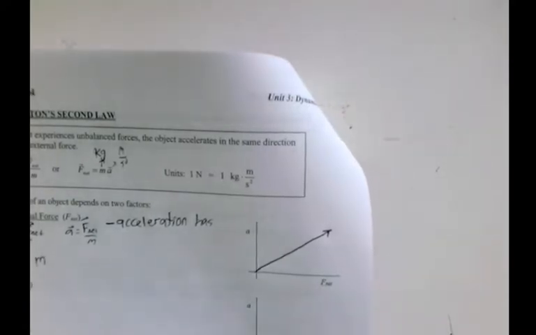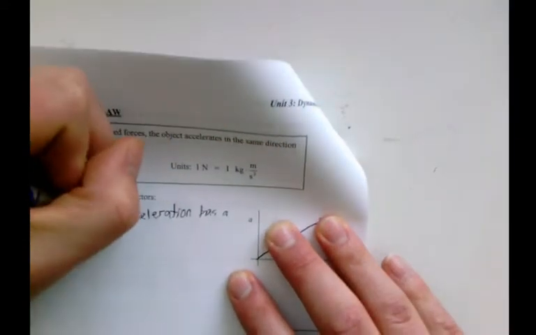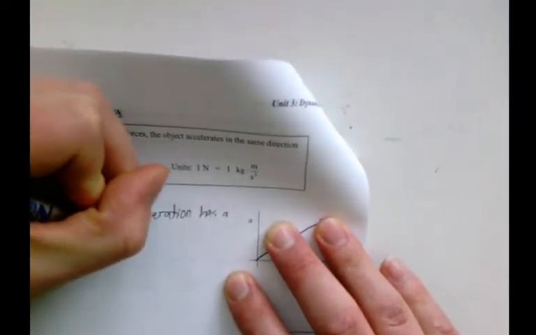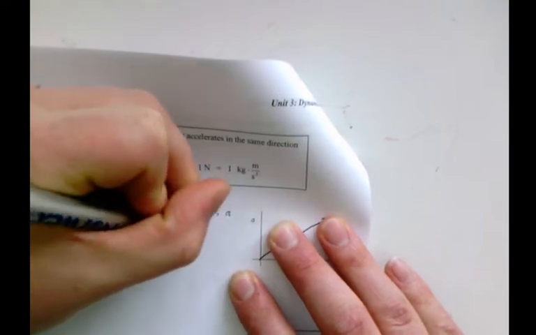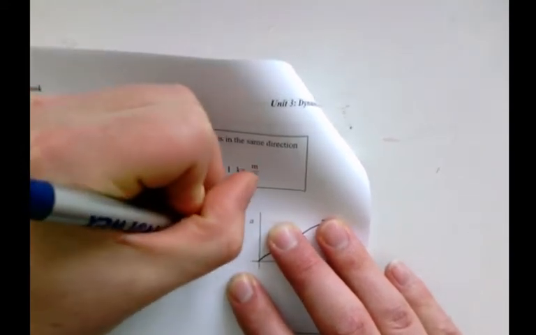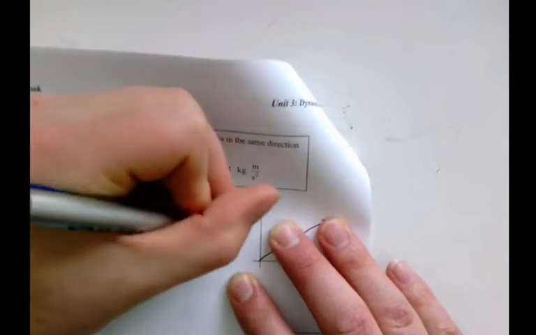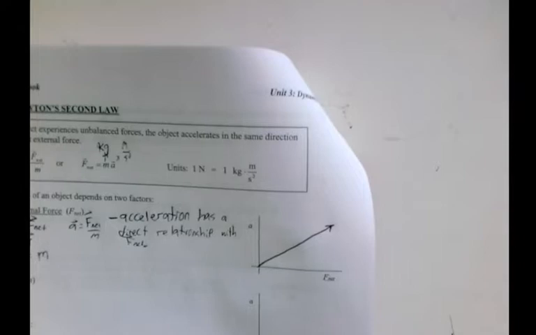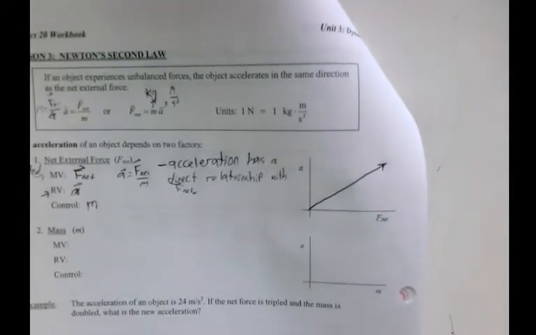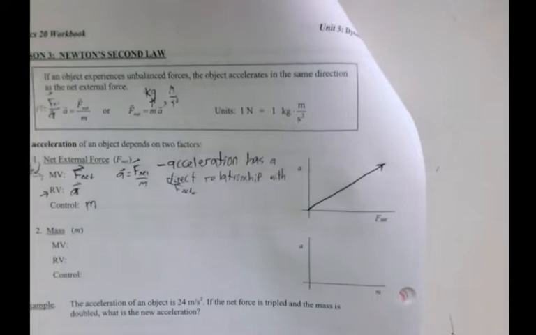So acceleration has a direct relationship with F net. And if we go back to our notes from our math skills, there was stuff about proportionality in there, right?